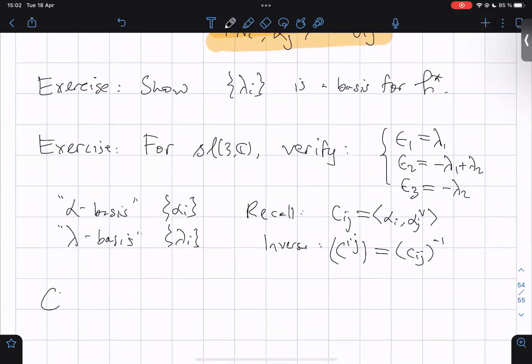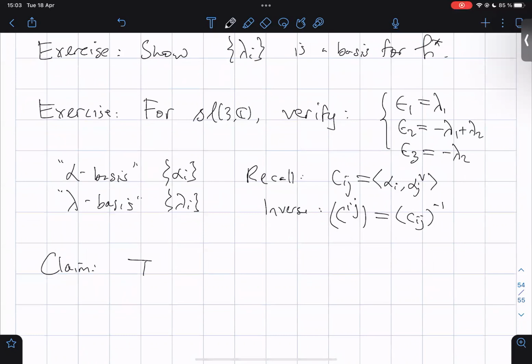So the claim is that the transpose of C is the transition matrix.